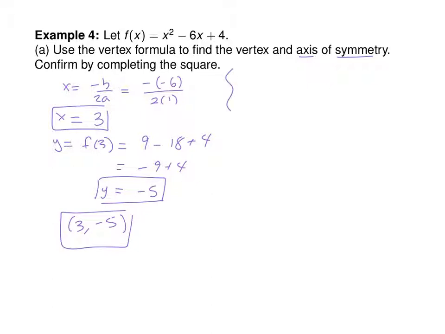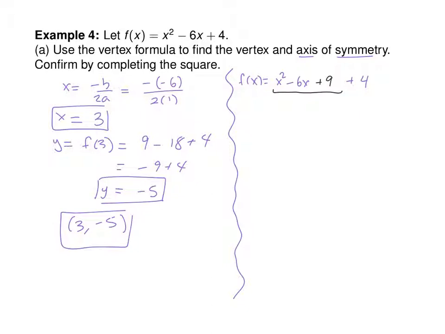So I said we should confirm by completing the square. Let's just check that we're right. Do I have to do any kind of weird factoring out with this one? No, because it's just plain old x squared. Honestly, the ones you see most often in calc classes are pretty simple ones like this, with plain old x squared. What number do you add to x squared minus 6x to complete the square? 9.